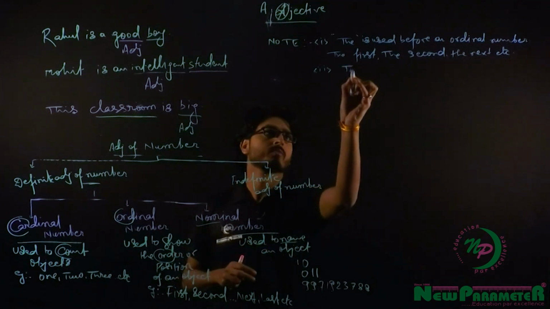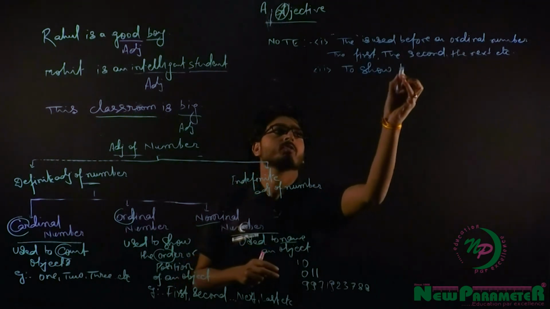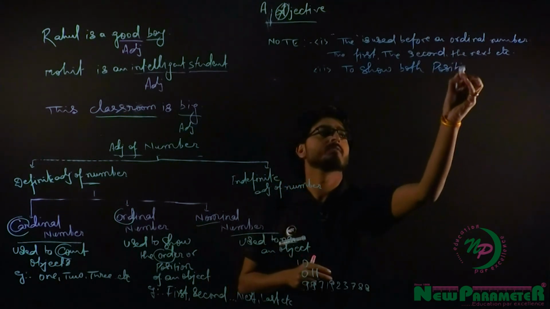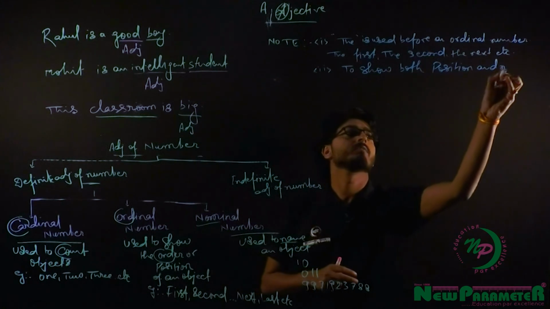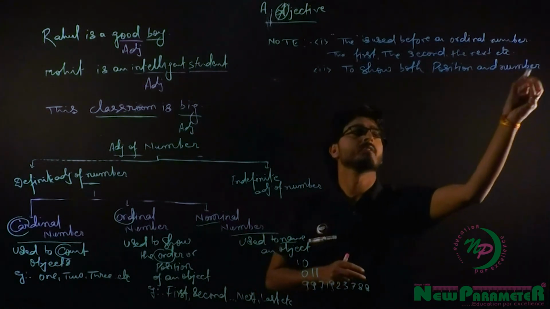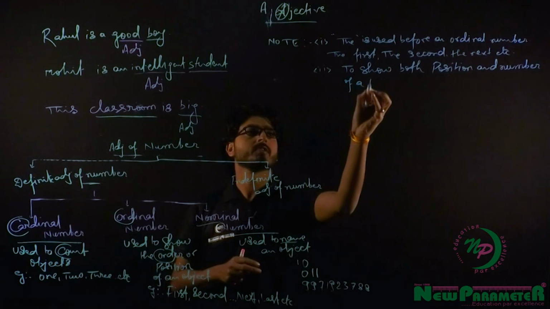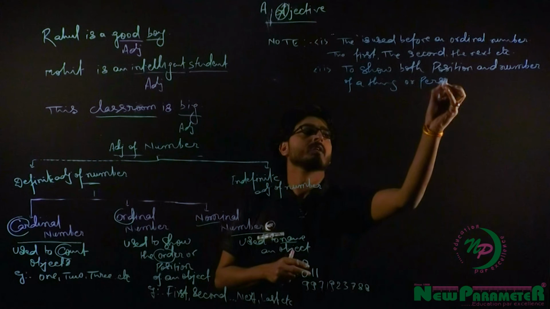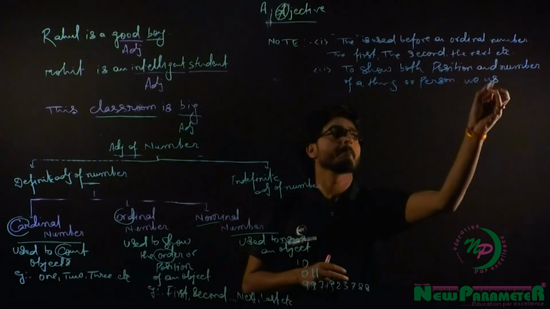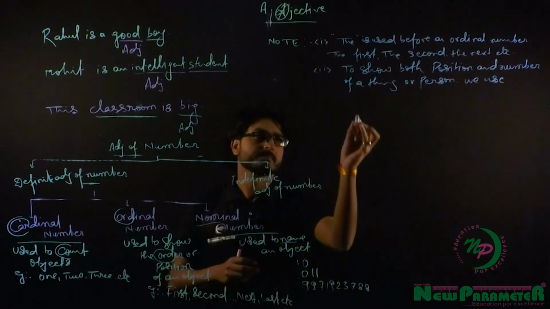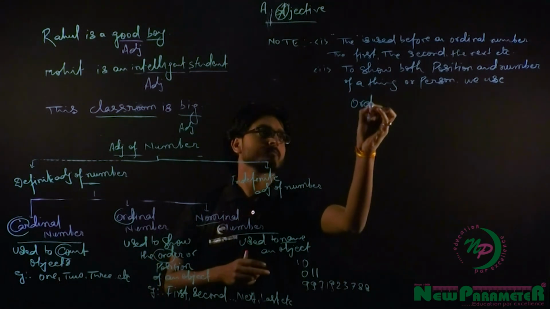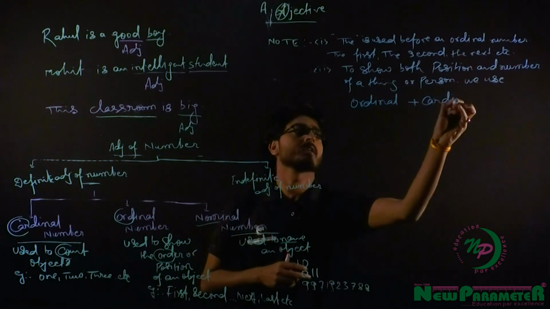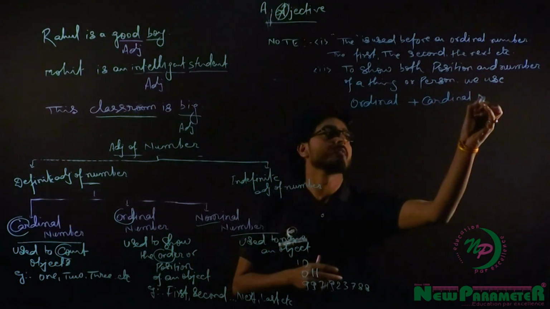To show both position and number of a thing or person, we use ordinal plus cardinal number.